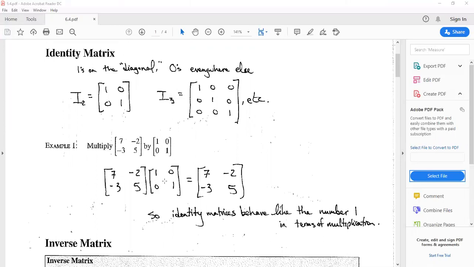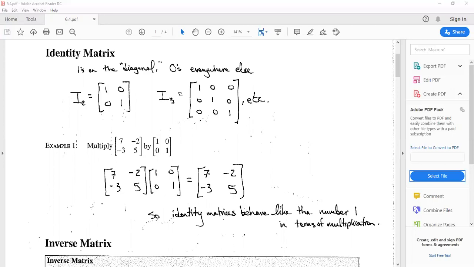The first row, first column entry of the product is given by the first row of this matrix, I'll call it A, times the first column of I. That gives us 7 times 1 plus minus 2 times 0, which is 7. The first row, second column entry is the first row of A times the second column of I. That gives us 7 times 0 plus minus 2 times 1, which is minus 2.